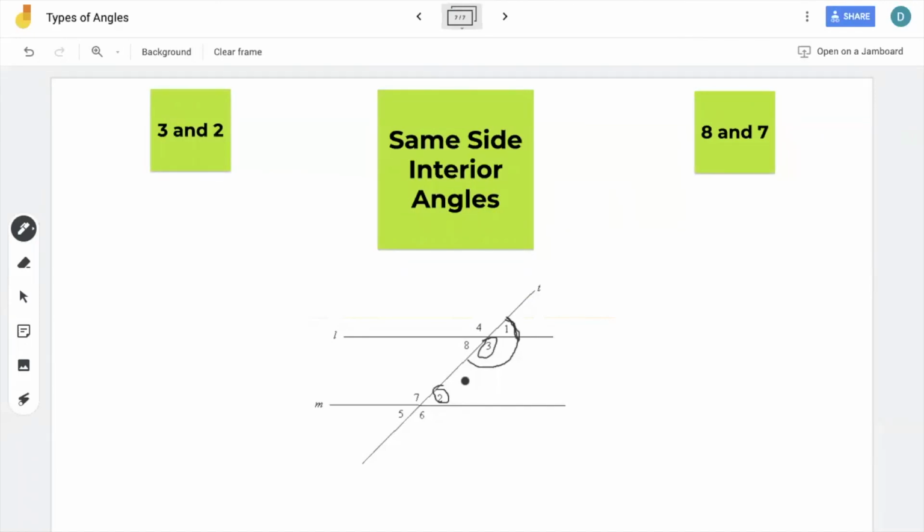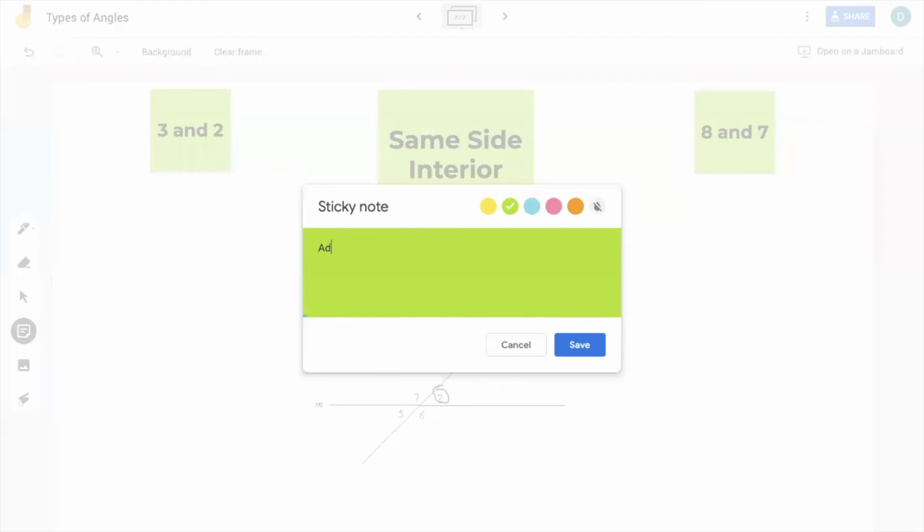They're the same measurement. So if you take 3 and add it to 2, we know that those are supplementary angles, which will add to 180 degrees. It's the same idea as the same side exterior angles.